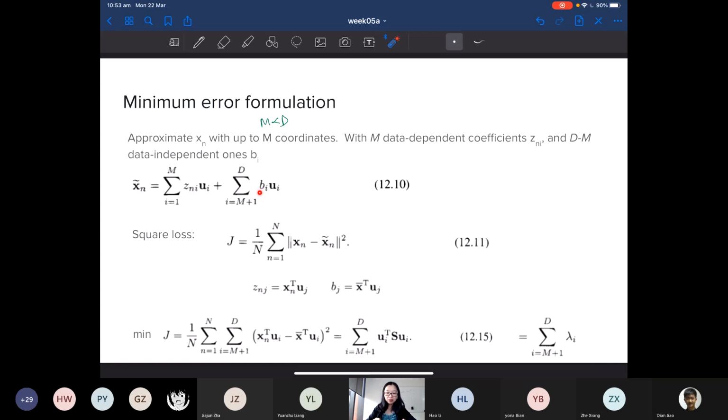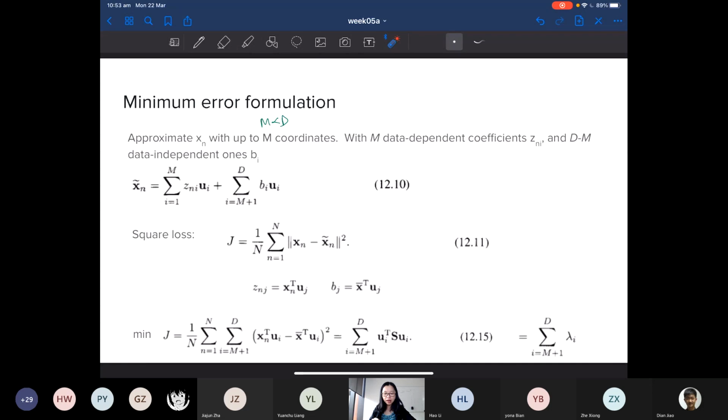So we are introducing these b_i's that are not dependent on data. And we are interested in the squared loss. So we're familiar with this: plugging in x tilde and looking at the two norm, the sum of the two norm of x_n minus x tilde_n, and we call this loss function J.